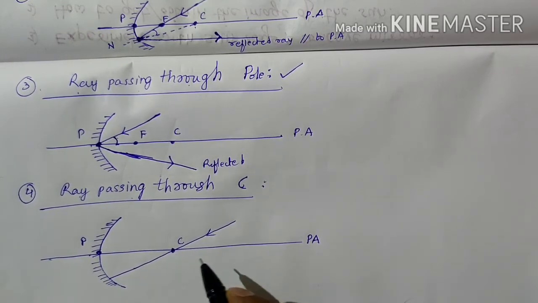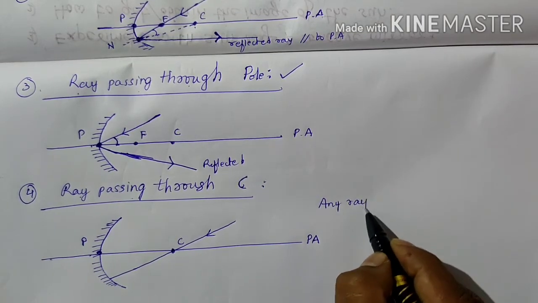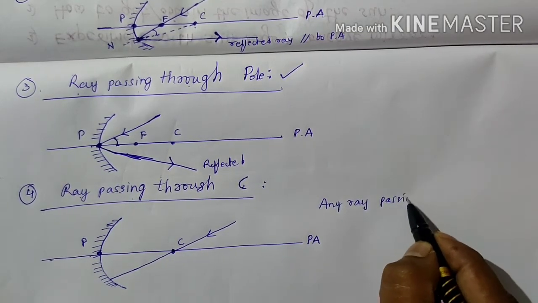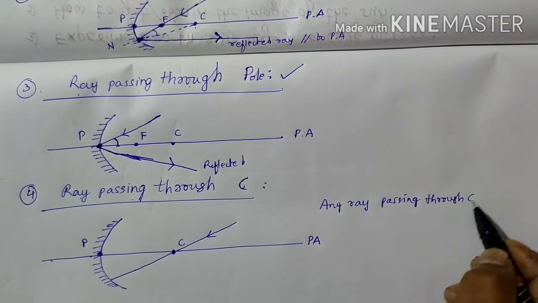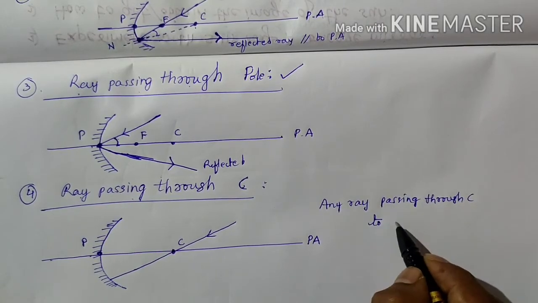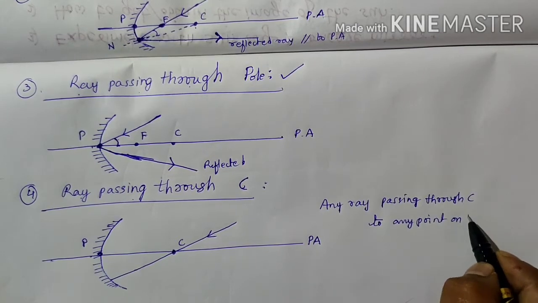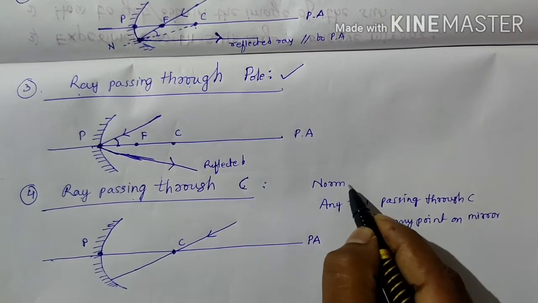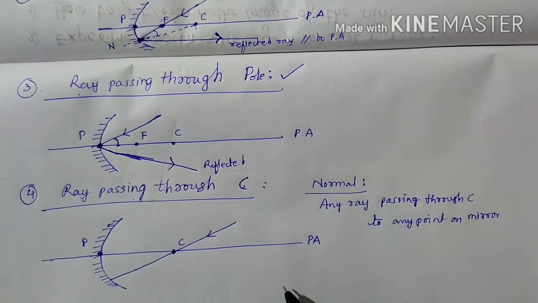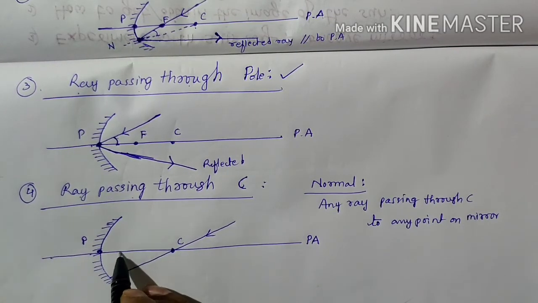We know that any ray passing through the center of curvature to any point on the mirror is nothing but normal to that particular point. So this line is also normal, and this line is also normal.